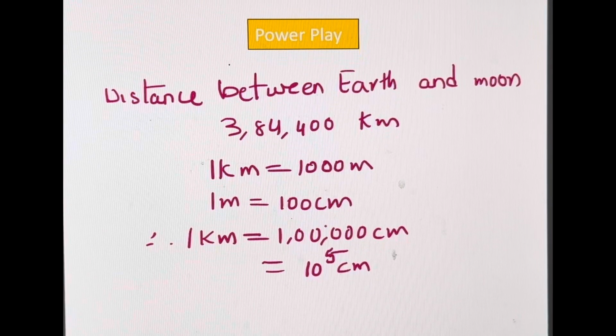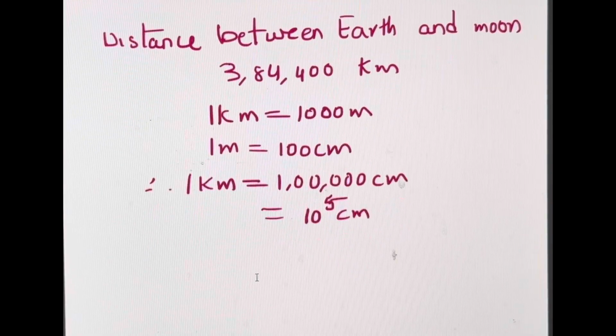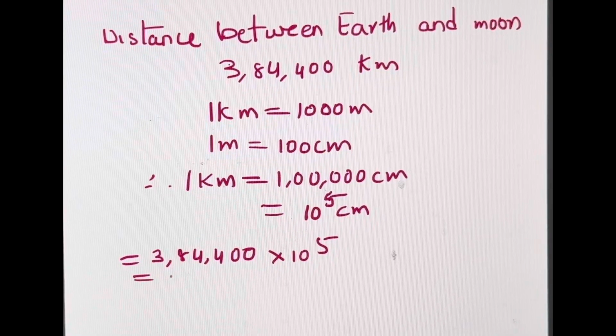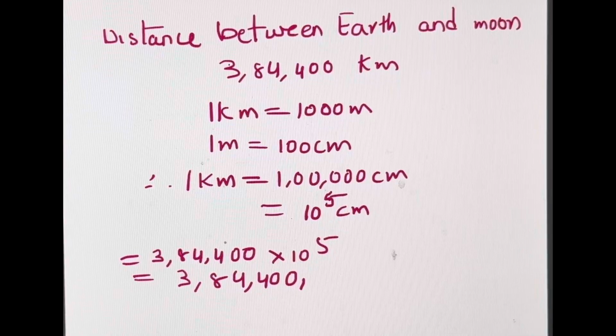Now we convert. So this distance becomes 3,84,400 into 10 raised to 5 when we are converting into centimeters. So that becomes 384,400, and then 5 more zeros.